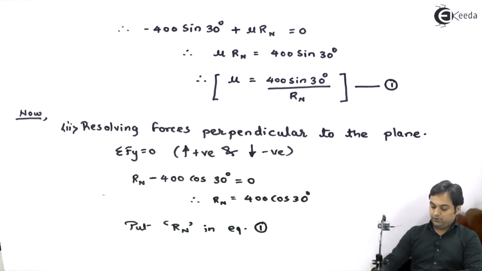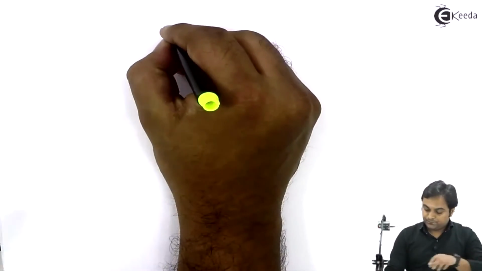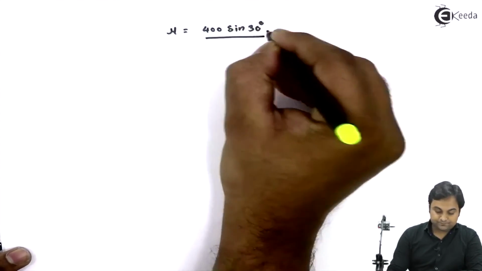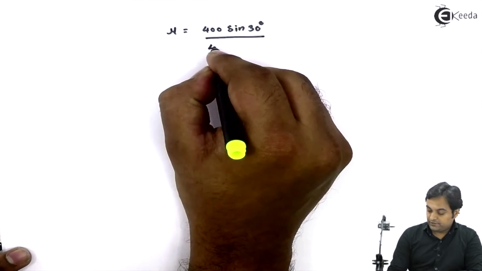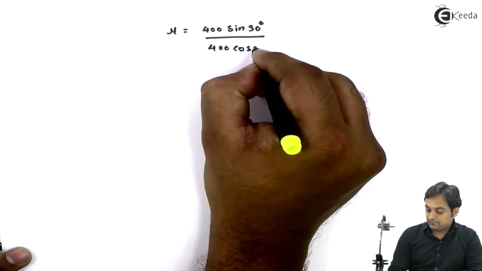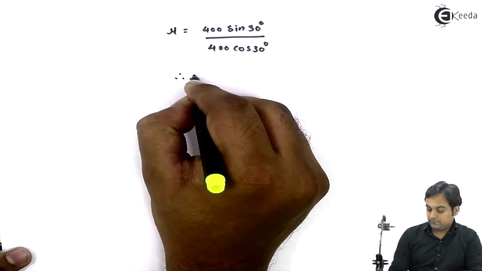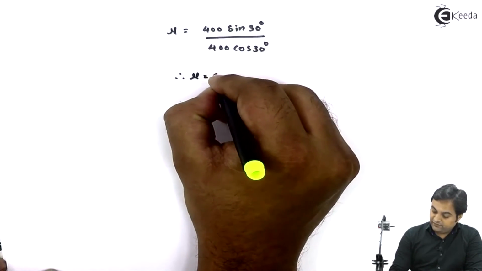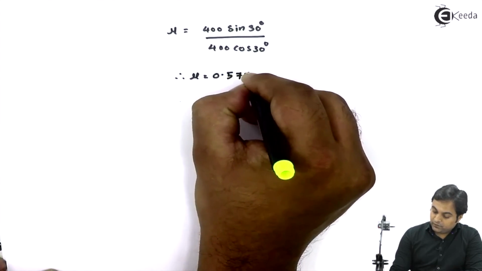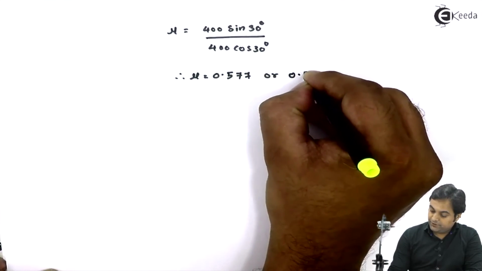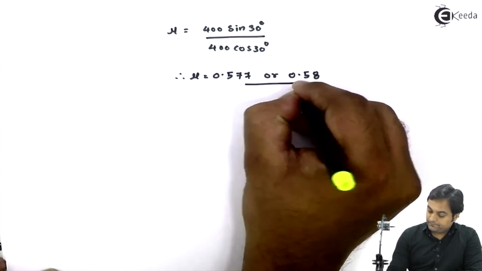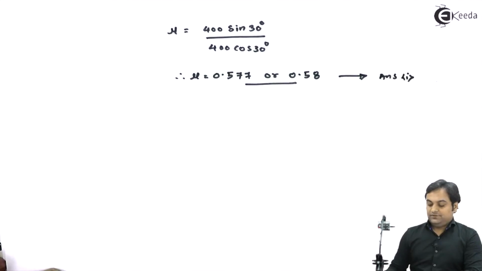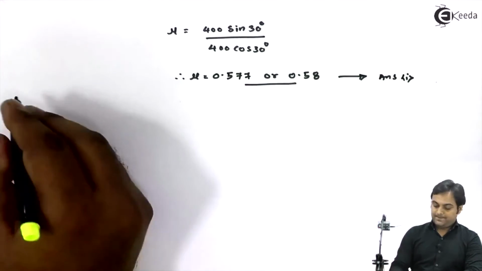So therefore mu is equal to 400 sine 30 upon 400 cos 30, which comes out to be 0.577, or you can say that it is 0.58. That is my first answer, that is of coefficient of friction.